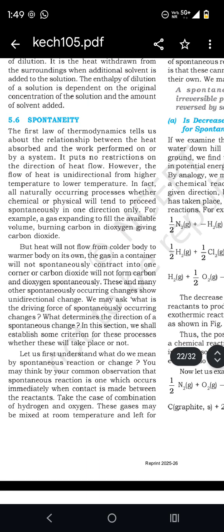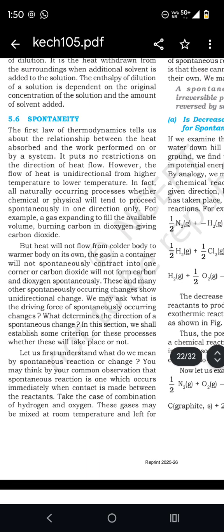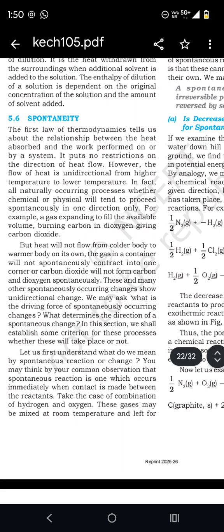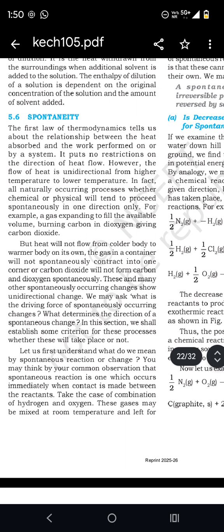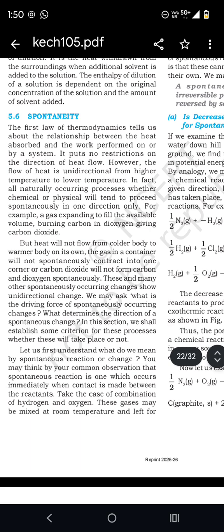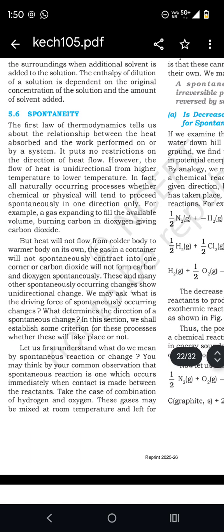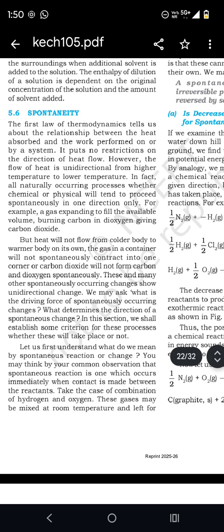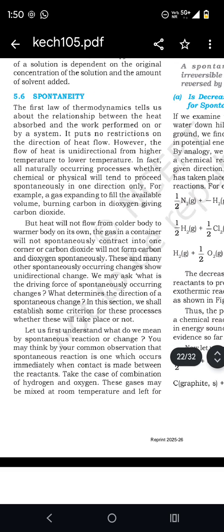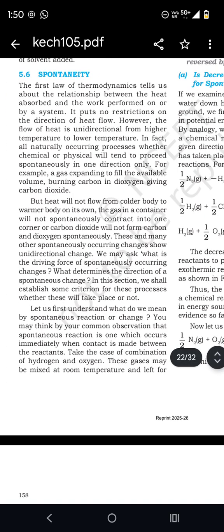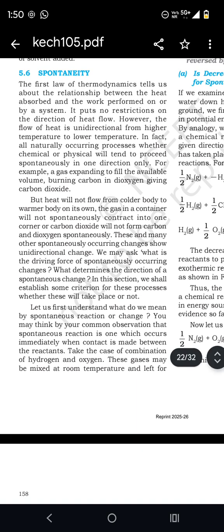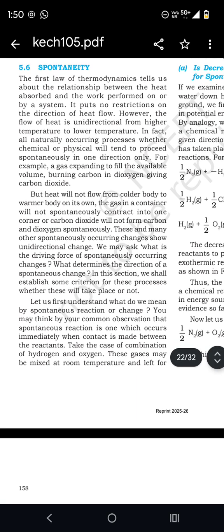In fact, all naturally occurring processes, whether chemical or physical, tend to proceed spontaneously in one direction only. For example, a gas expands to fill the available volume, and burning carbon in oxygen gives carbon dioxide. But heat will not flow from a cooler body to a warmer body on its own.